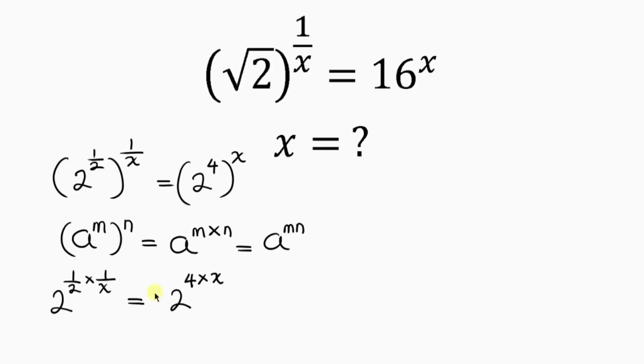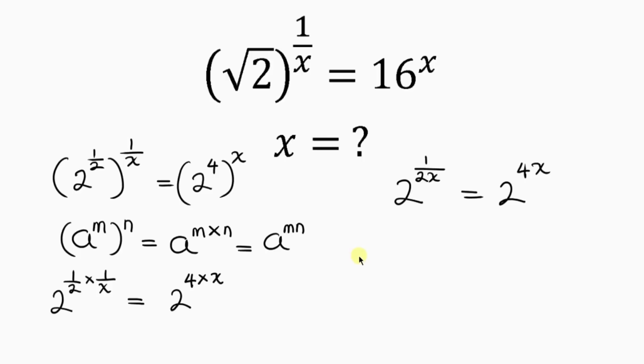So this simplifies into 2 to the, now let's multiply the powers. 1 times 1 is 1 all over 2 times x is 2x. Very good. And this is equal to the right hand side. We have 2, which is the base. Now multiply the powers. 4 times x is 4x.